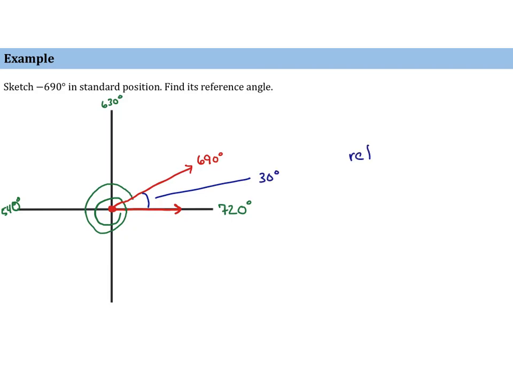So the reference angle is 30 degrees. And these should have negatives, because they're measured clockwise. But the reference angle is always a positive acute angle.